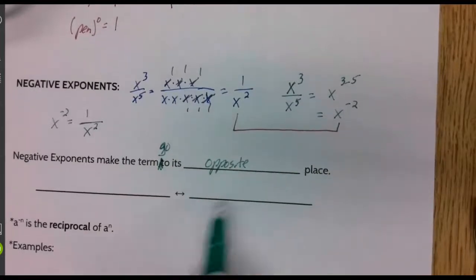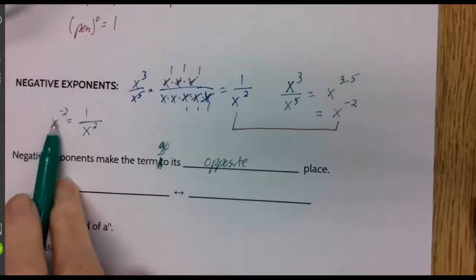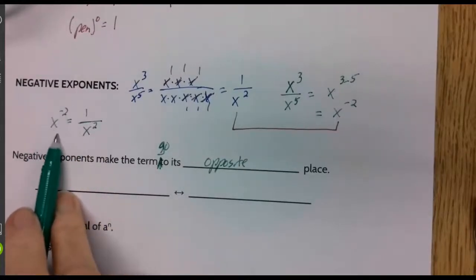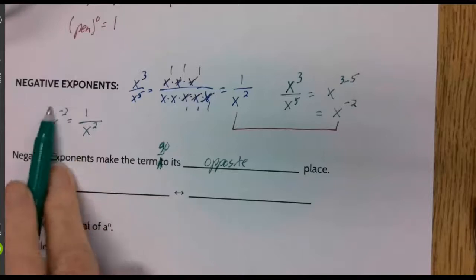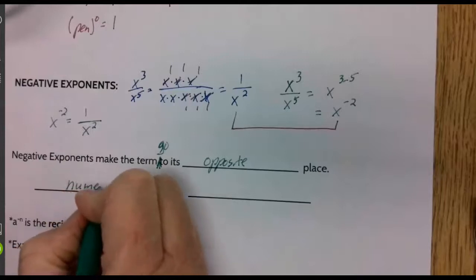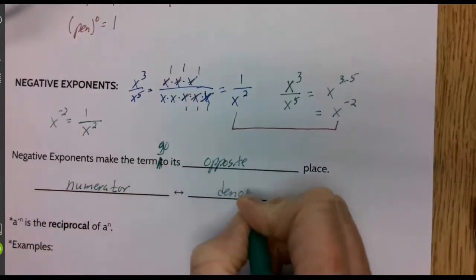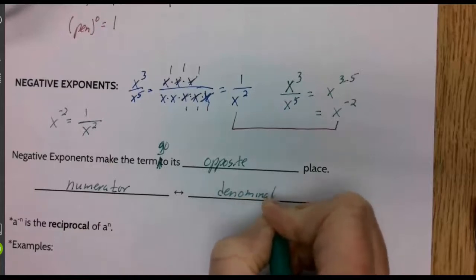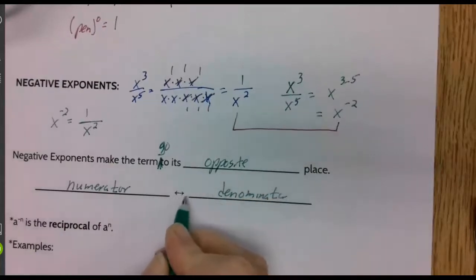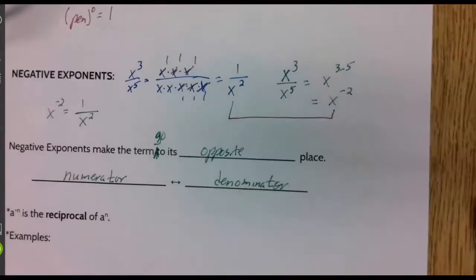If it is right now in the top, in the numerator, even if we don't have a denominator, we know there's a 1. It's in the top, it goes to the bottom. So the numerator goes to its opposite place, which is the denominator. And notice you have a double arrowhead there. So numerator goes to denominator, denominator goes to numerator.